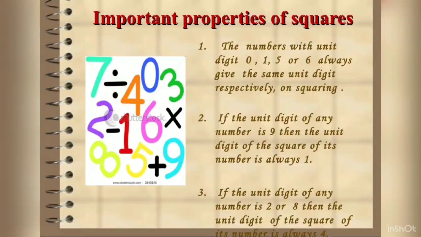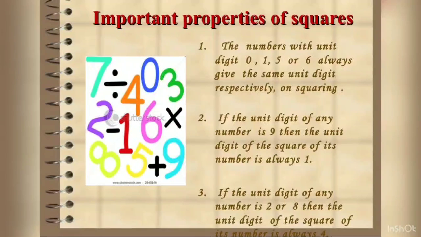If the unit digit of any number is 9, then the unit digit of its square is always 1, because 9 times 9 is 81 and 81 has 1 at its ones place. If the unit digit of any number is 2, then the square will have 4 at its unit place.